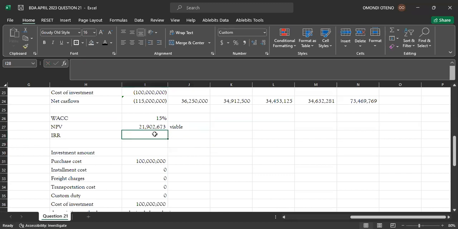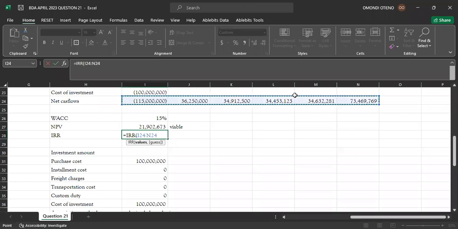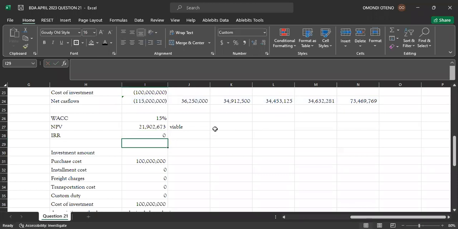Internal rate of return. This is what we did yesterday. So at this point, I expect everyone to be at par. Values, I get these ones here, including the initial outlay. So internal rate of return, let me make it as a percentage, maybe to 2 decimal or 3 decimal places.